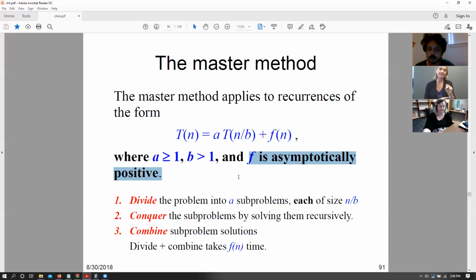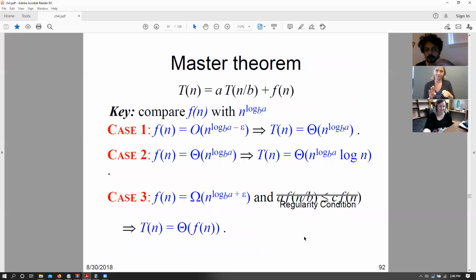So f is always going to be positive, but we'll also look into cases where f becomes negative and it does not apply there. It also applies only where a and b are greater than 1, where the multiplying factor is a and the dividing factor is b. So we basically use the master method to quickly figure out the time complexity of a particular recurrence relation with respect to this function f(n).